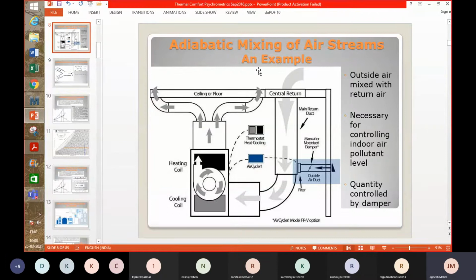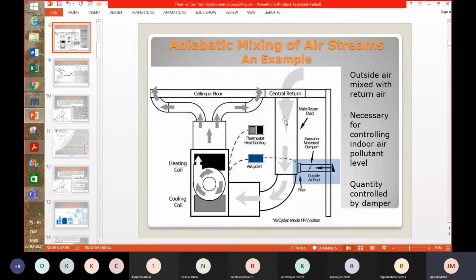And if it is a winter air conditioning case, it could be at a higher enthalpy, because the ambient is at much lower enthalpy and temperature, and even the humidity may be very low outside in winter. So this is the conditioned space, and this return air is taken from this opening here.